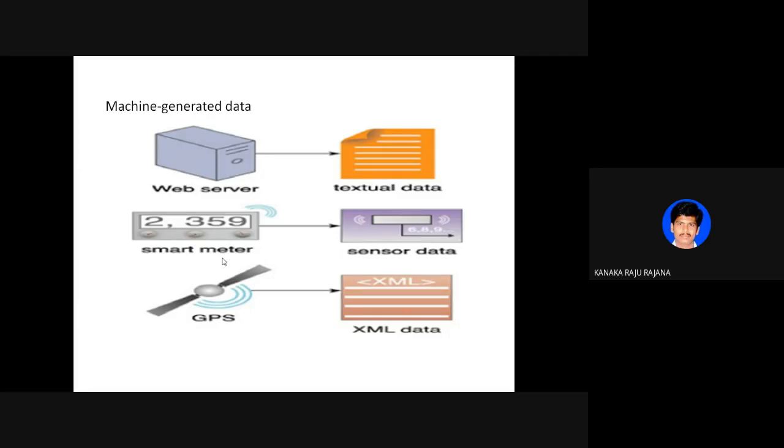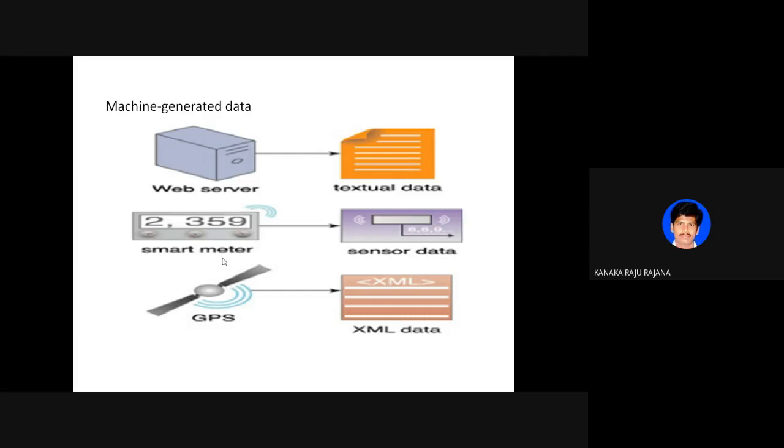Similarly, smart meters. Nowadays, all houses get their bills simply by a sensor reading the meter, and the meter reads the data and generates an amount. Similarly, we have a huge number of servers, and what are servers going to do? Servers collect textual data.